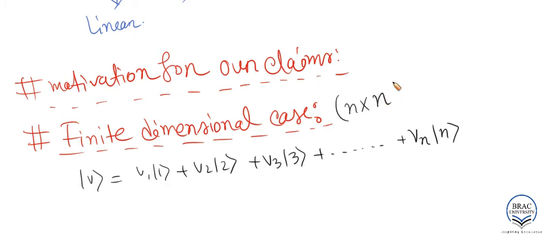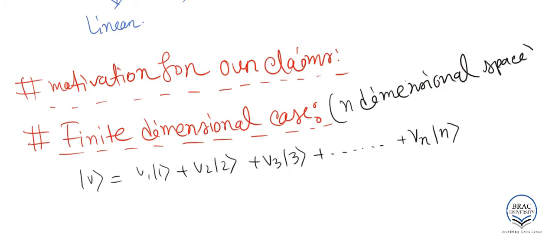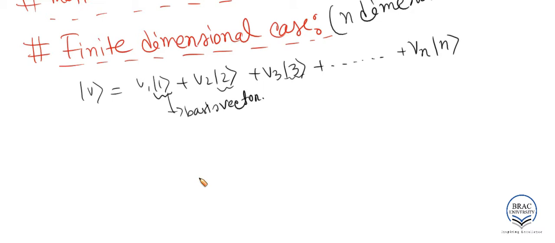I'm considering not n cross n, it should be just n dimensions, that is an n dimensional space. Now, this is a vector, and v1, v2 are components, and I'm taking |1>, |2>, |3> as the basis vectors, or you can say orthonormal basis vectors, but I'm just calling them basis vectors.